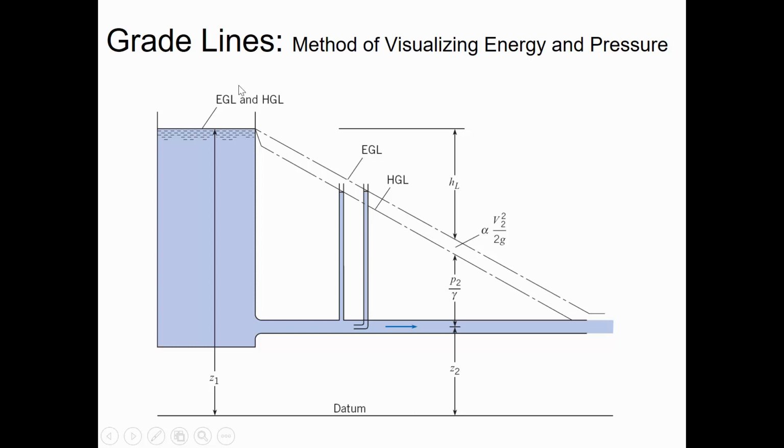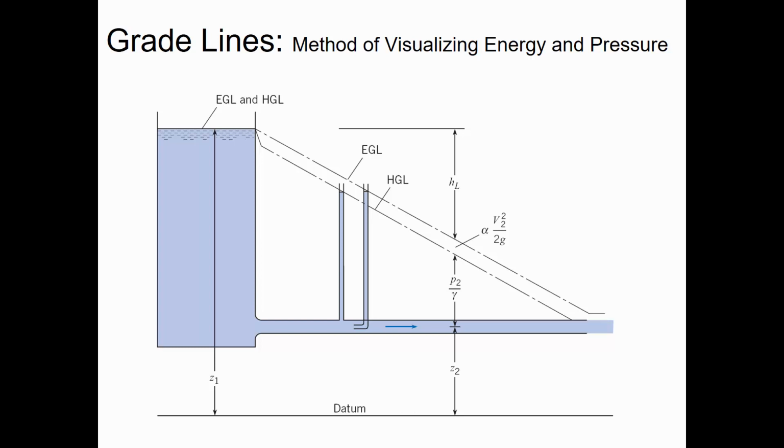The EGL, energy grade line, as it's abbreviated: if we look at the three terms of the energy equation that address what form the energy is in, the EGL, when you graph it, is going to be the pressure head, the elevation head, and the velocity head.